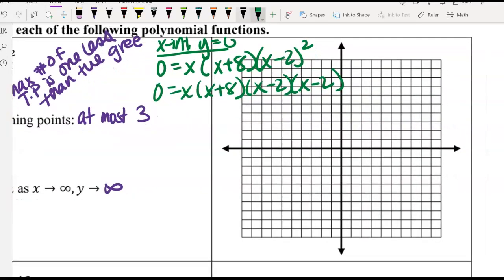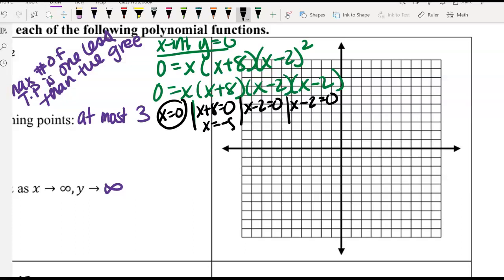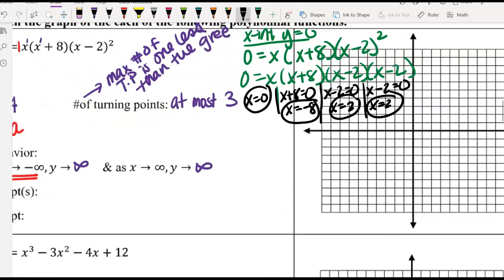If it's in factored form, then we can just take each factor and set it equal to 0. So x equals 0. Yes, we can totally have an x-intercept at 0. X plus 8 equals 0, x minus 2 equals 0, x minus 2 equals 0. If x plus 8 equals 0, then the second intercept would be at negative 8. X minus 2 equals 0 is going to be positive 2. We don't write that out twice, so we're just going to write it once.